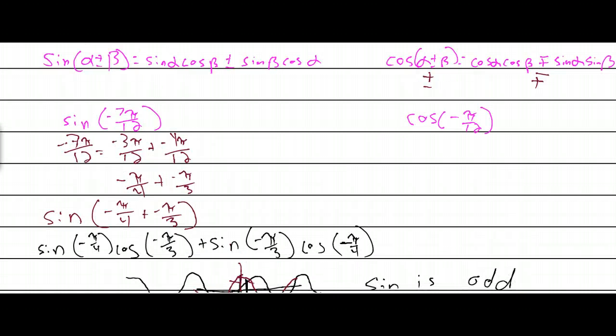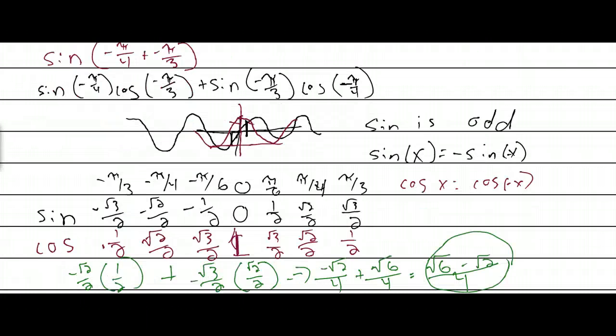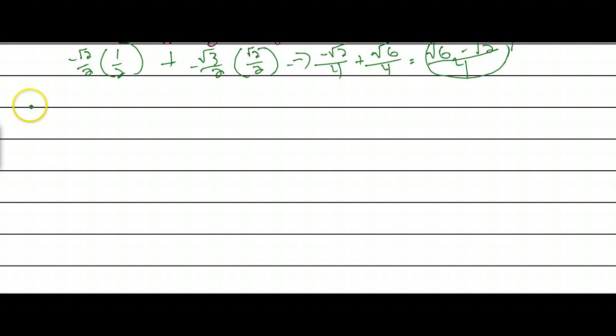So it's cosine of negative pi over 12. Alright, so we've got to think of two things that would give us negative pi over 12. So that's negative 3 pi over 12 plus 2 pi over 12.